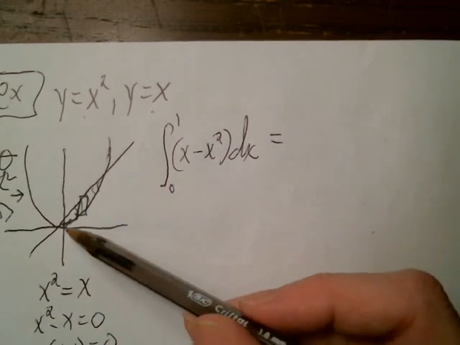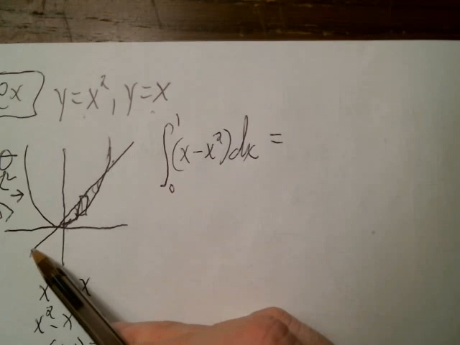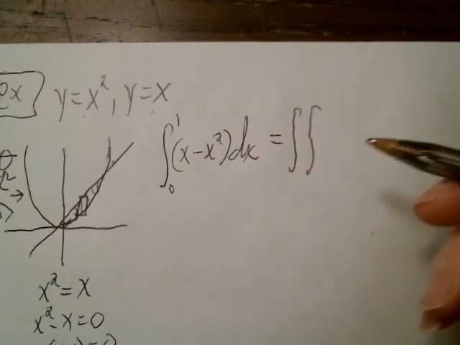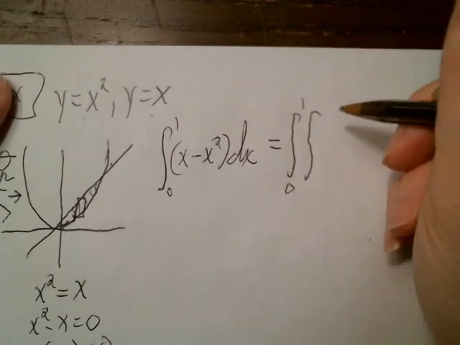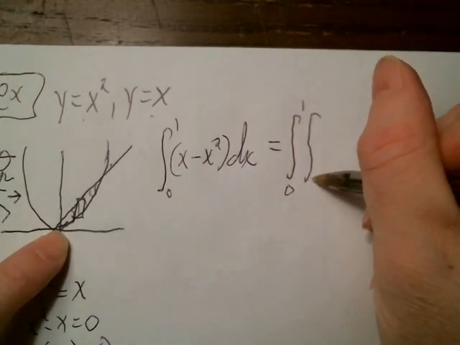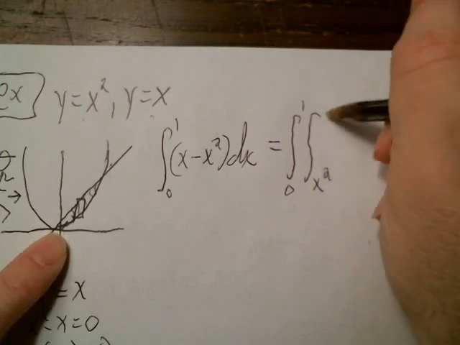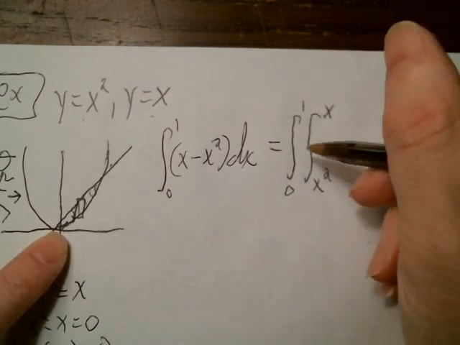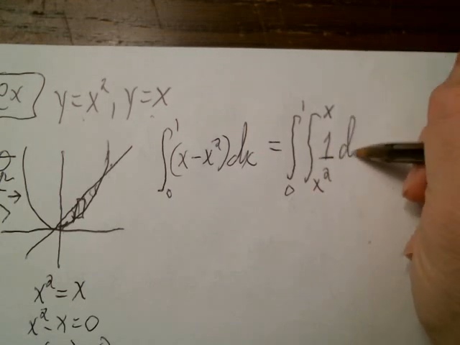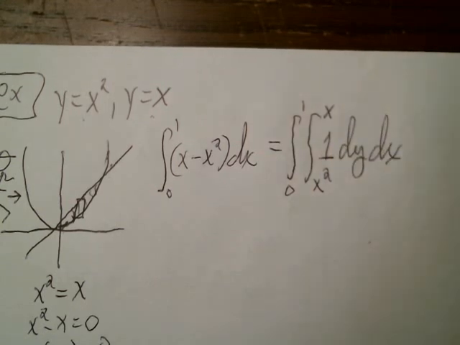So I'm going from the curve y equals x squared to the curve y equals x. And you put that into a double integral. So you're going from y equals the bottom curve, which is x squared, to y equals x. And then in here, we'll just have a 1, and then we'll have dy and then dx, right?